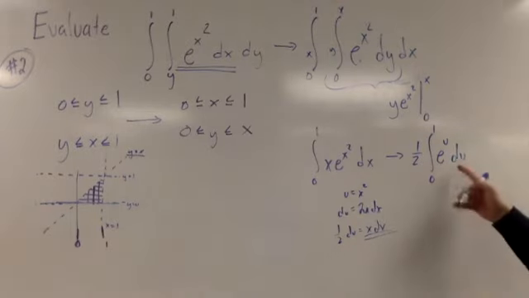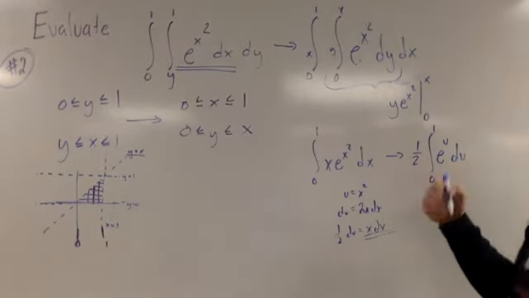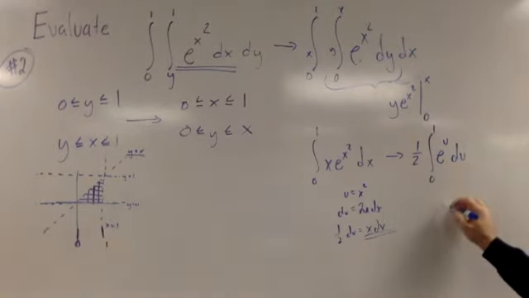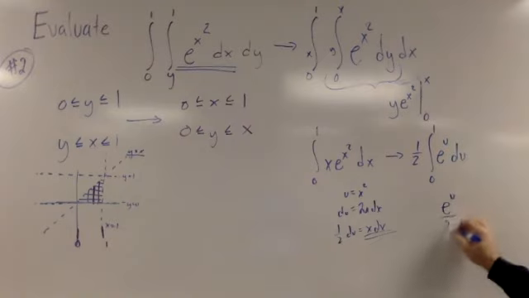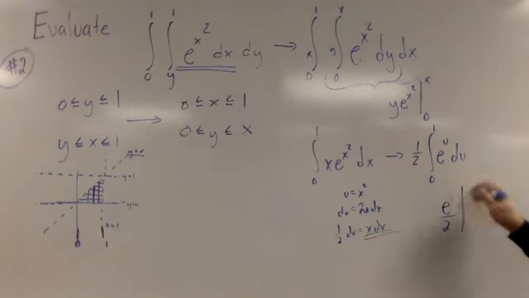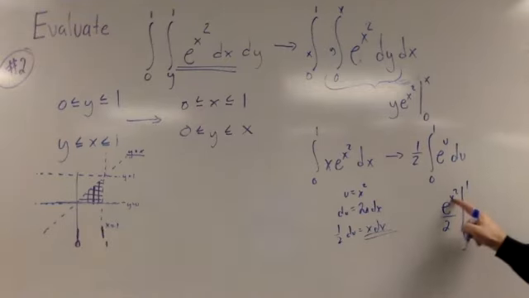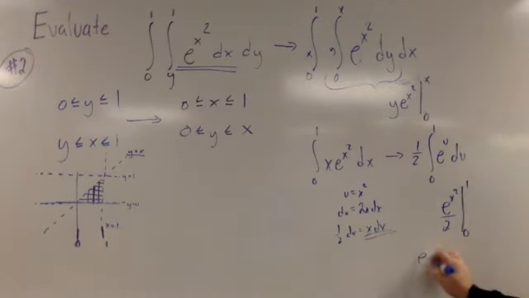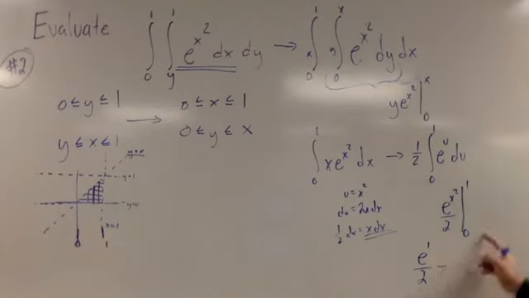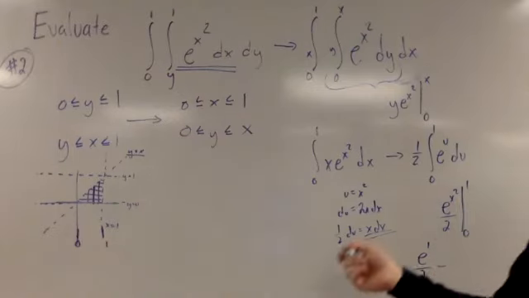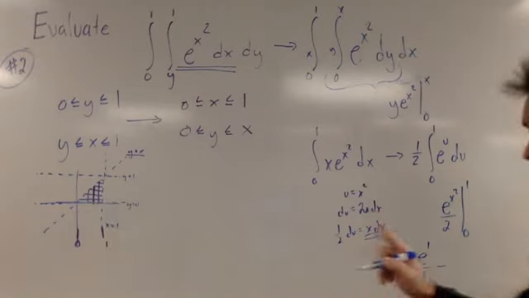Now my antiderivative of an exponential function is just itself. So this is e to the u over 2, and then we plug the x back in, x squared, evaluated from 0 to 1. When I plug in a 1 here, that's going to be e to the 1 over 2, minus, when I plug in 0, e to the 0 power is 1, over 2.